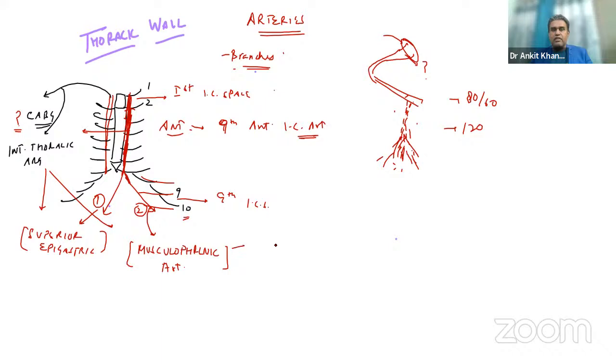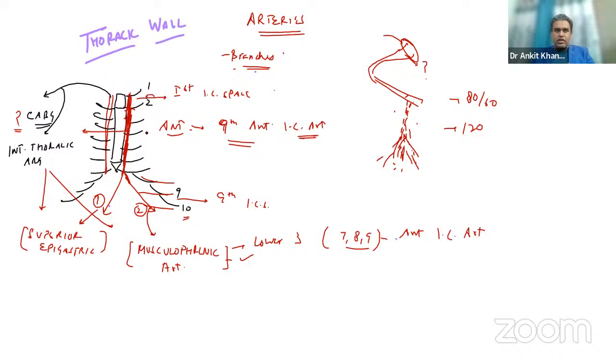Of the 9 intercostal arteries, the musculophrenic will give the lower 3, that is the 7th, 8th, and 9th anterior intercostal arteries. Suppose tomorrow a question comes: the 8th anterior intercostal artery is a branch of, on either the right or left side. If musculophrenic is one of the options, go with musculophrenic. If it is not in the options, then the second best answer will be the internal thoracic, because musculophrenic itself is a branch of the internal thoracic.